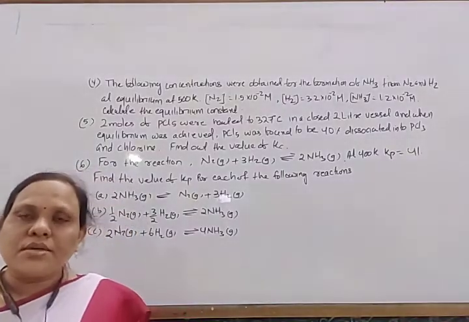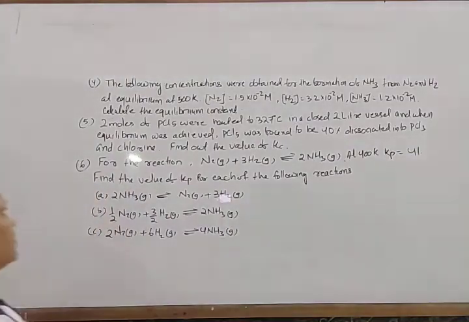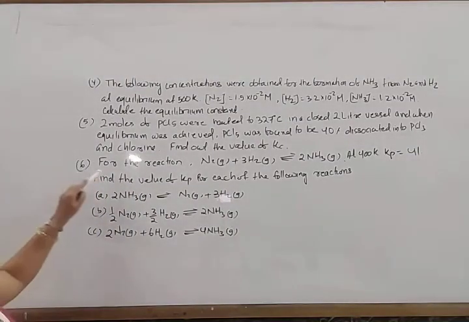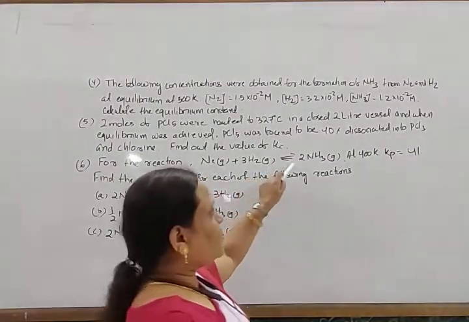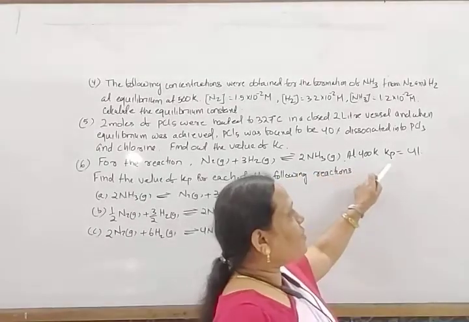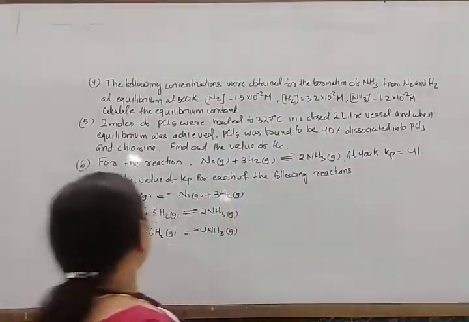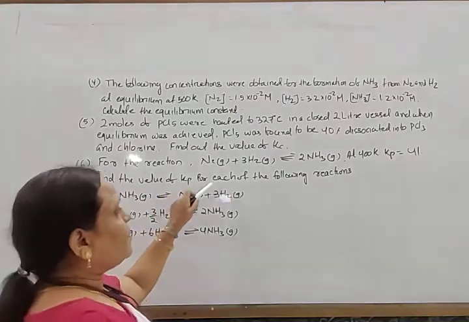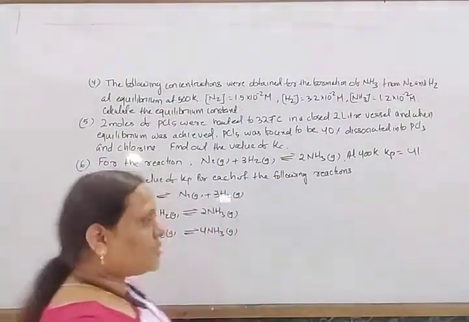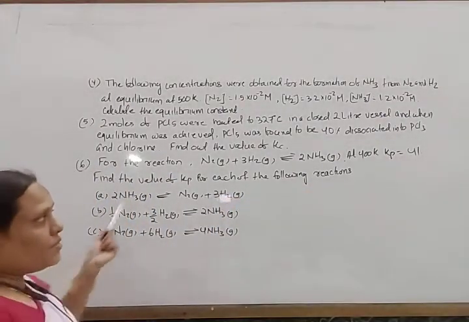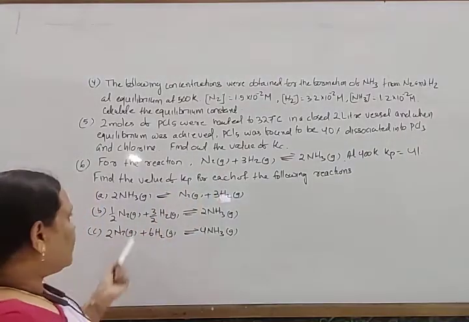Let us solve some other type of numerical problems, starting from number 6. For the reaction N2 gas plus 3H2 gas giving 2NH3 gas at 400 Kelvin, Kp is this much. Find the value of Kp for each of the following reactions. So look at the relation between this equation and this equation.